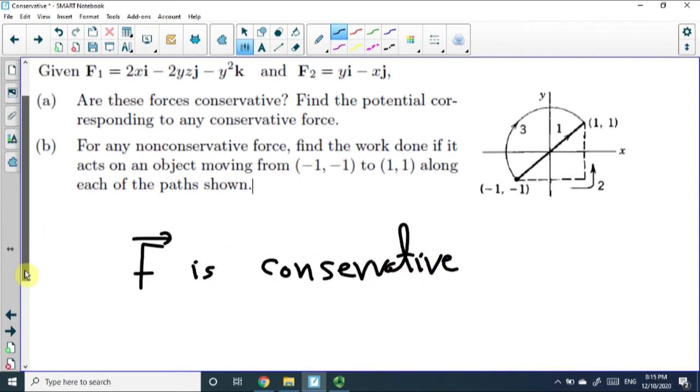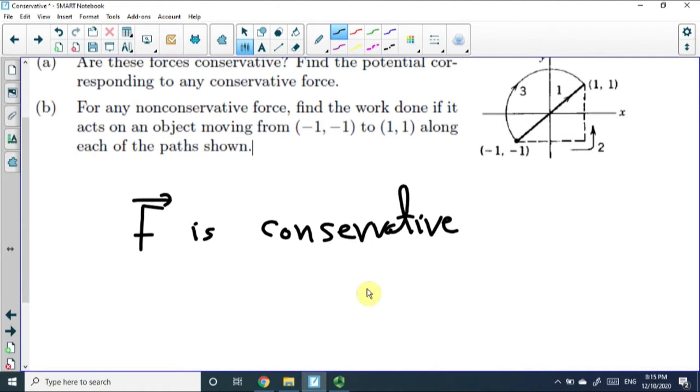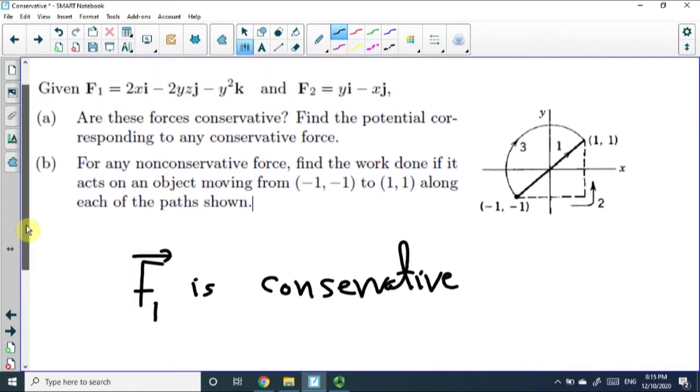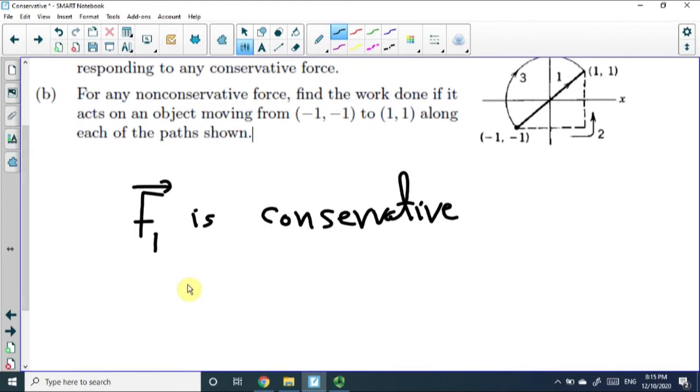Now, since the force F1 is conservative, we know that we can associate potential energy with this force. The relation between them is the following. Force 1, which is conservative, is minus the gradient operator of the potential energy.